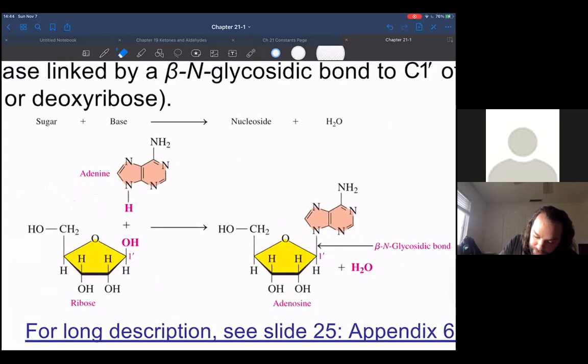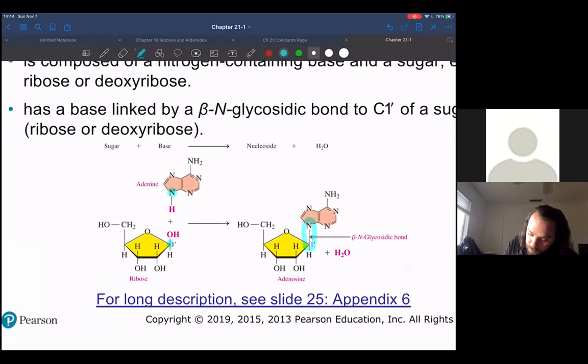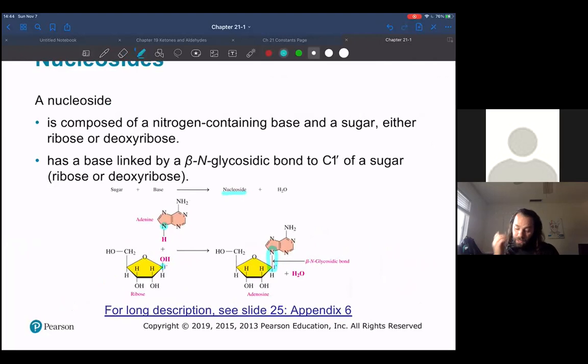All right, so we're linking together this nitrogen on our base to the anomeric carbon. It's actually not the oxygen, it's the carbon itself. And that forms this beta N glycosidic bond. Okay, and all of this together is what we call a nucleoside. All right, so carbon 1 of the sugar is linked to the base.